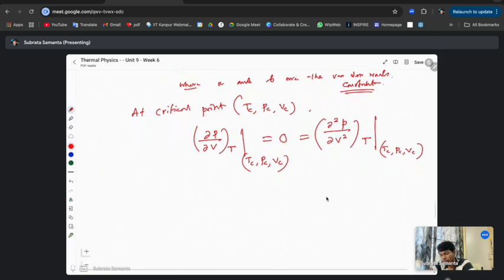Both derivatives are 0 at this point, so there is no maximum or minimum in the PV plane.